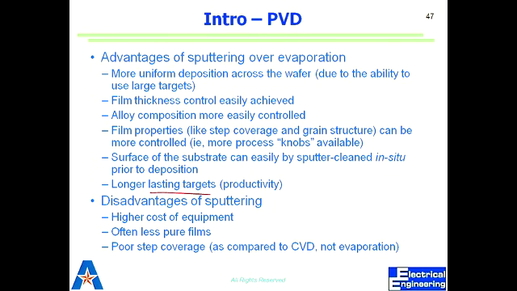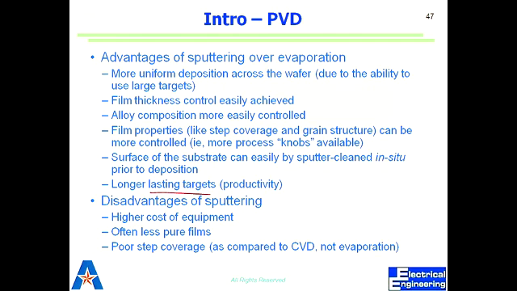Now, it depends on their sputtering yield. There's a constant which we have for every material, and then that ratio will tell us what the composition of the deposited material will be, which one will be more or less. So we can define our composition more easily in sputtering.